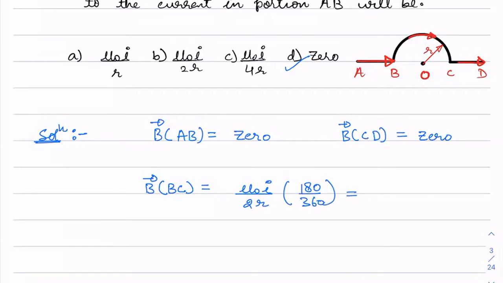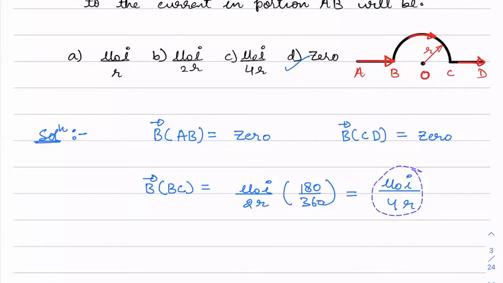So this becomes mu naught I by 4R. This is what we get. Do you understand this? All of you understood what I have done over here?